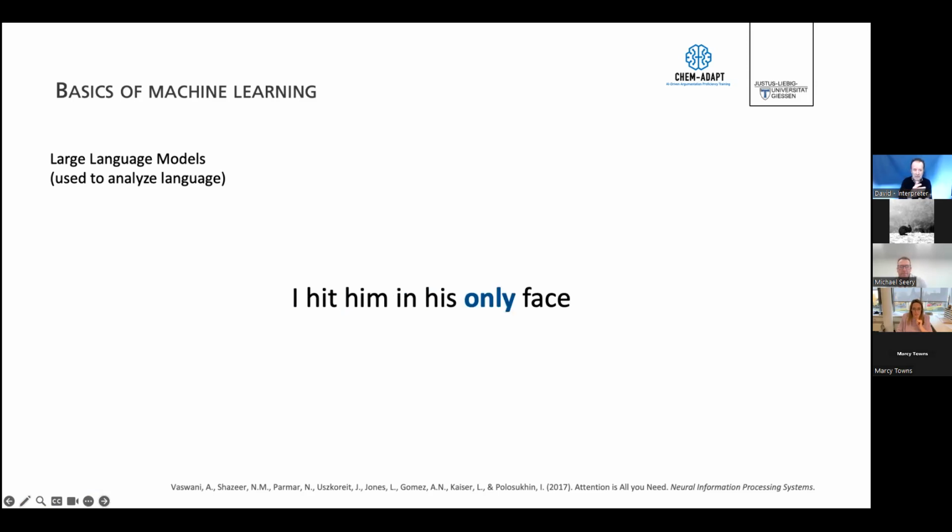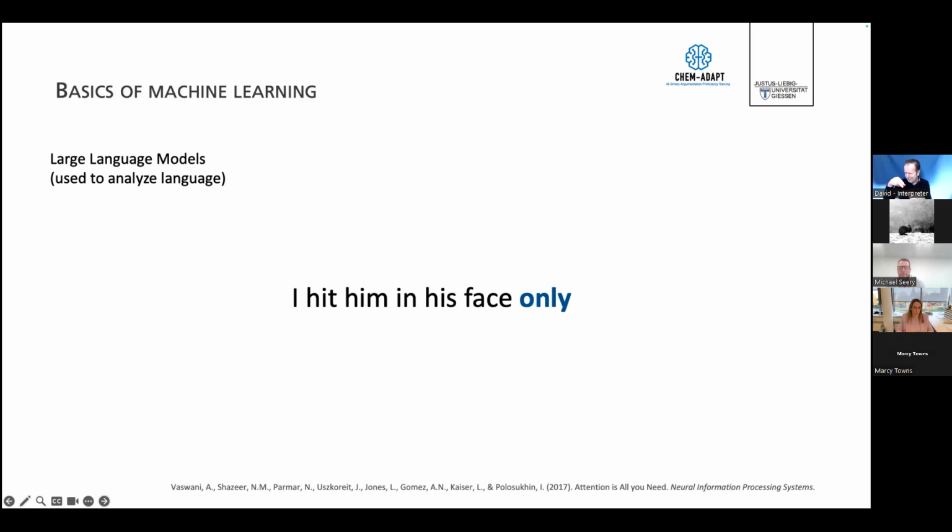Or I can also place it at the end. So this is just to give you an idea how transformative this is, because you might think, algorithms have been able to calculate math operations for years, but language has always been a huge problem for algorithms and machine learning techniques.